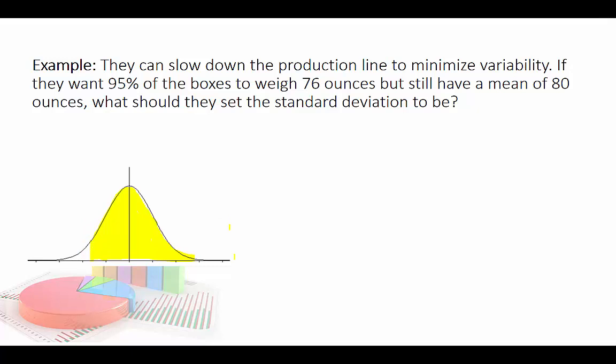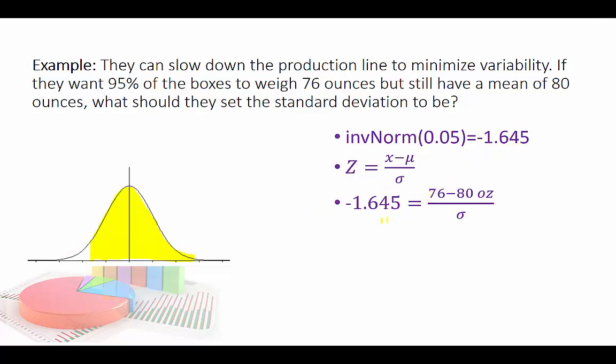This is a lot like how we started the problem. We still have that 0.05 area here, so we get negative 1.645 for the z-score. Pull up the formula and substitute. Notice now that we do know our x and we do know our mean. The thing we don't know is our sigma. We can put a 1 under this and cross multiply, and you get negative 1.645 sigma equals negative 4 ounces.